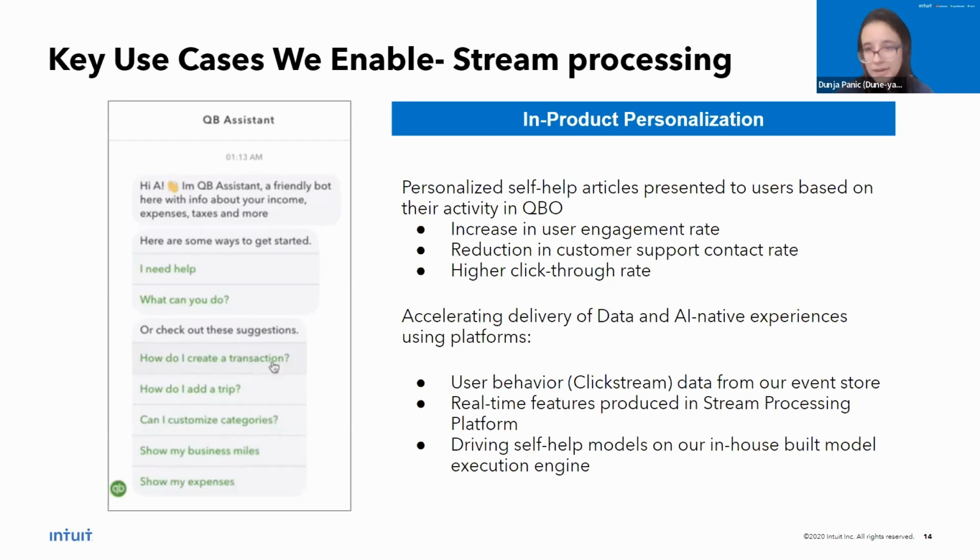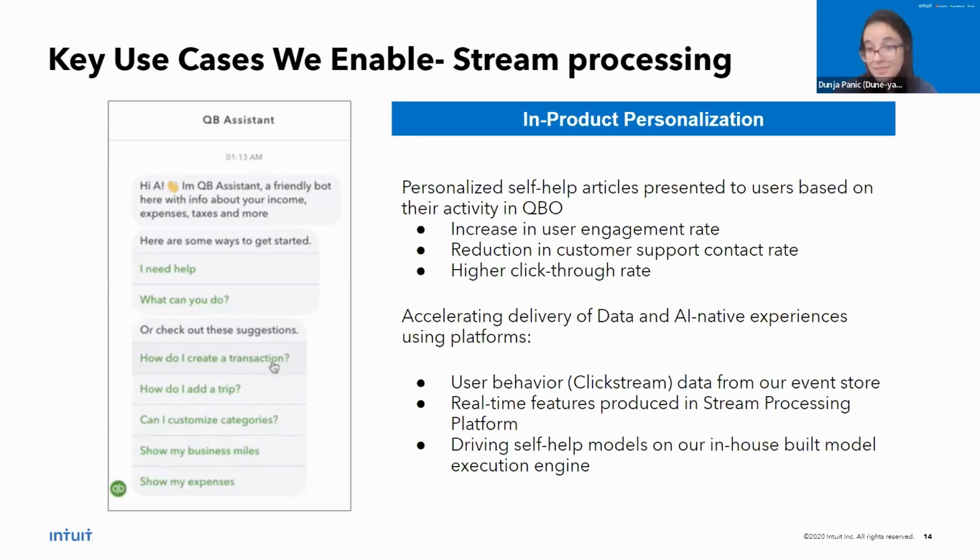Before, when you were trying to navigate and find things on your own, now you can see certain suggestions based on what you've been browsing. That's really cool because we've seen increases in our engagement rate or click-through rate. Most importantly, this has also reduced the number of times customers have had to reach out to customer support to get their questions answered.